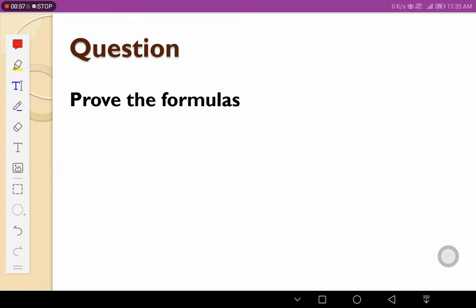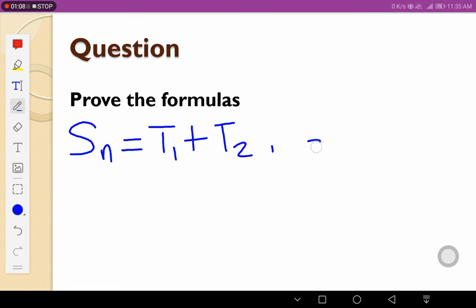For us to prove the formula, I'll have the summation of n terms equal to T1 plus T2 plus T3 plus ... to Tn. That's the sum of n terms.